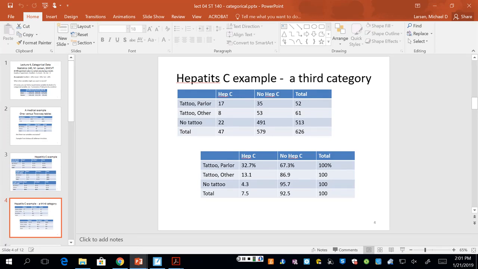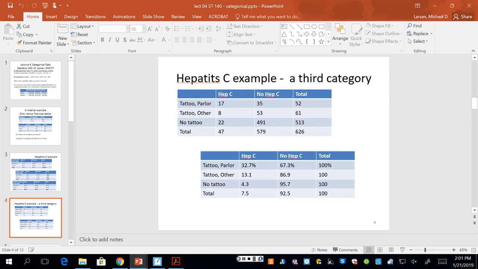Right? One of these stories here is about conditioning on information, using more information. If you use more information, you often can enrich the story and learn more. So for the people who have tattoos, say, where did they get the tattoo? Did they get it at a tattoo parlor or other? Looking at the raw numbers here, well, you can kind of struggle with it and try and figure out what does that say?